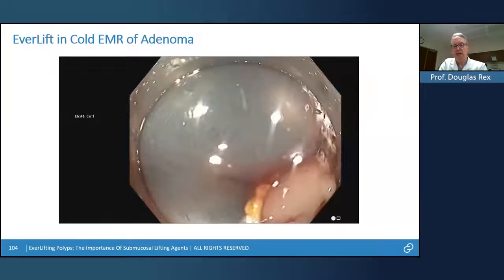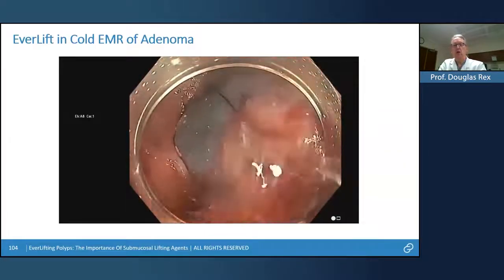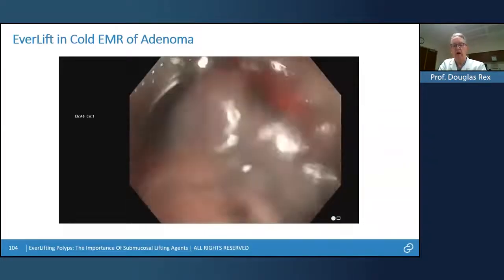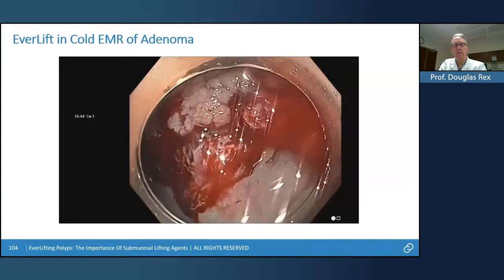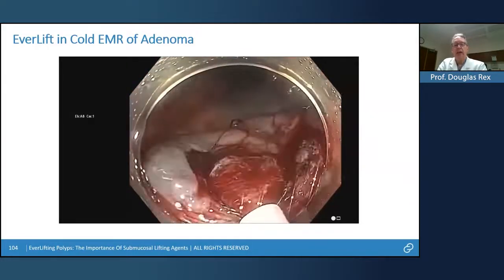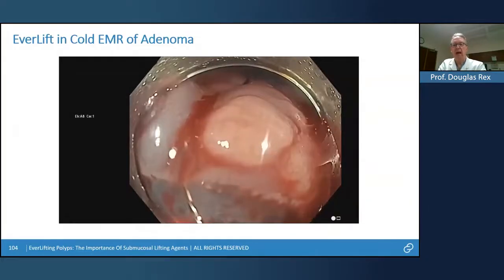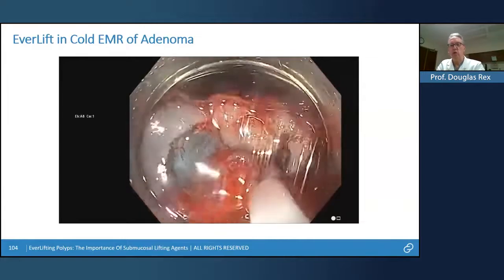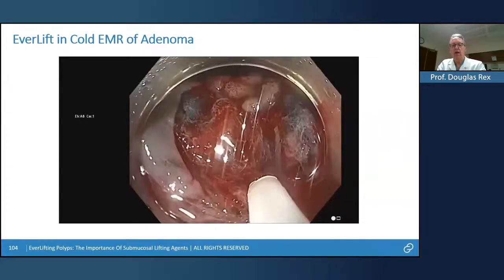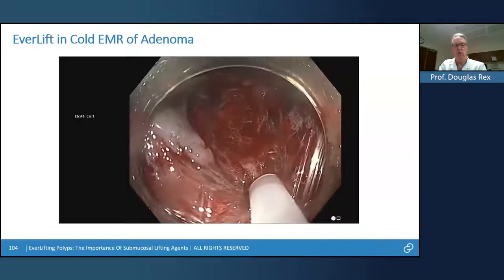The advantage of this technique, of course, is that it's almost devoid of complications. So if you're in a practice or an area where you really need to minimize complications, and you have a patient that you're pretty sure is going to come back, and you're good with dealing with recurrences because the recurrence rate is higher, then I think this sometimes could be the right approach for the patient.